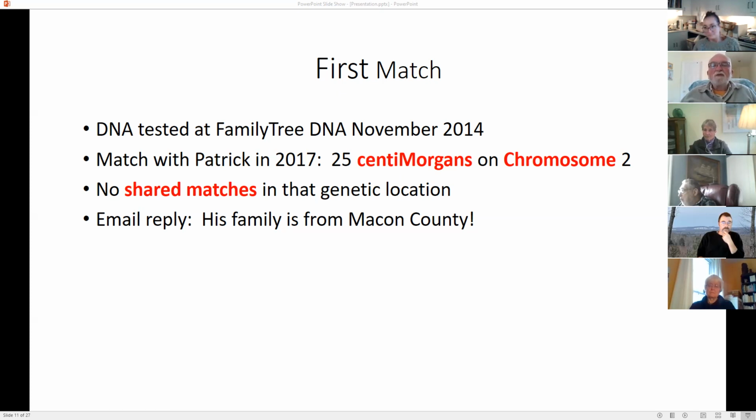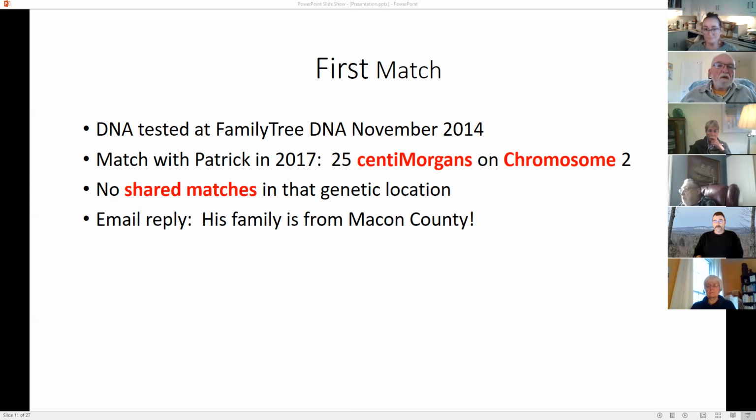Women have 2 X's, men have an X and a Y. So that inheritance works slightly differently, particularly for males. But the rest of it focuses on the other 22 sets, one basically from each parent.